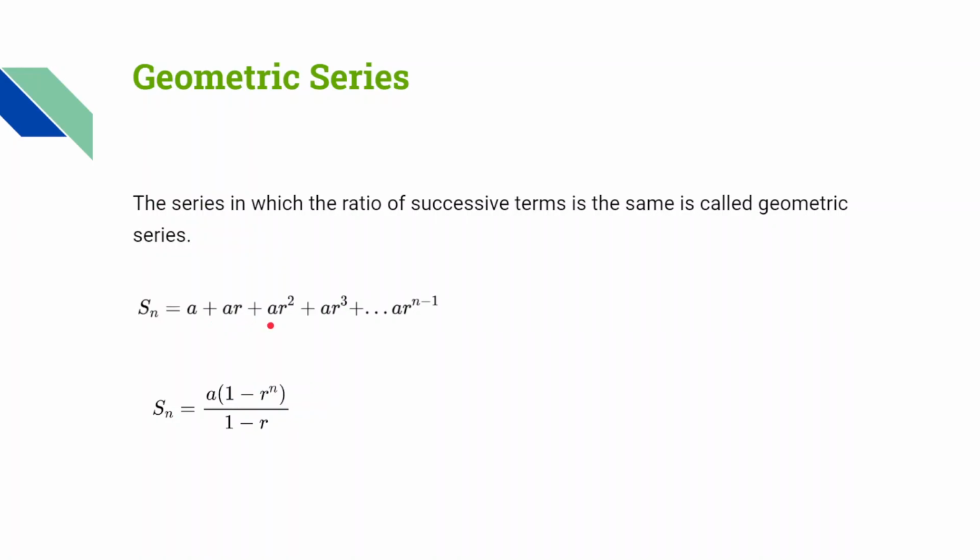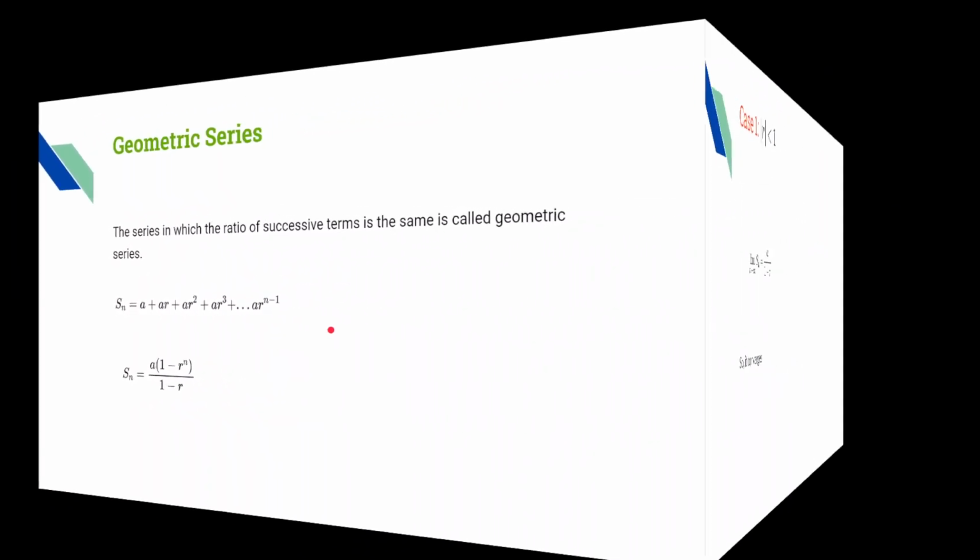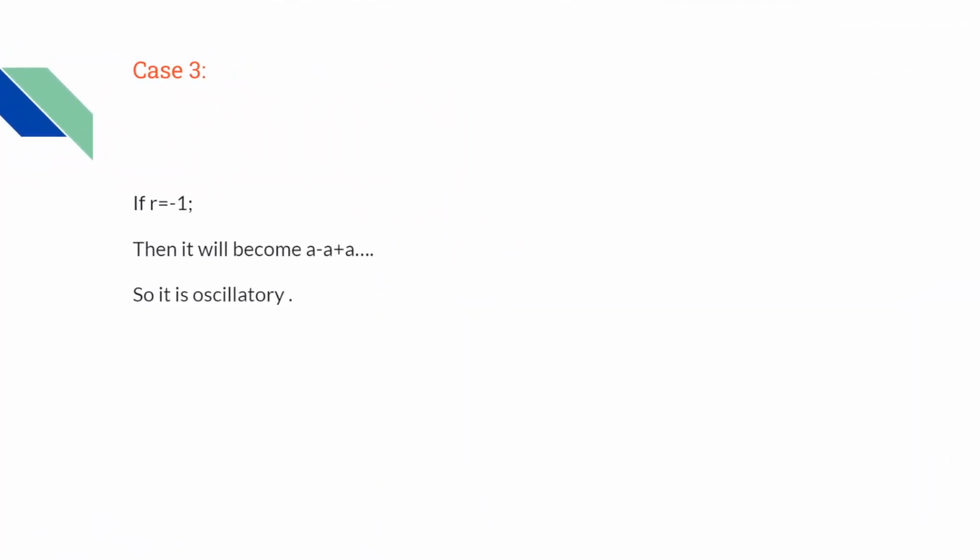For the third term, it is again plus a, and the fourth term minus a, and that will go on. So a minus a plus a, and that will go on. For every odd number of terms the sum will be a, and for every even number the sum will be 0. So it does not have any unique limit, so it is an oscillatory series.